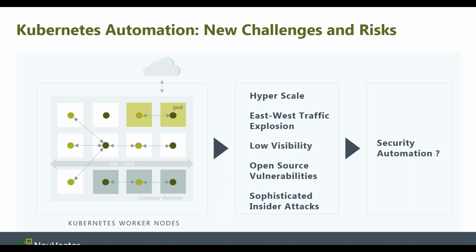So Kubernetes changed the whole workload in the cloud. One is that hyperscale became possible, and the big change from the network side is that a lot of east-west traffic exploded in these new microservice platforms, because it's not like a monolithic old application.